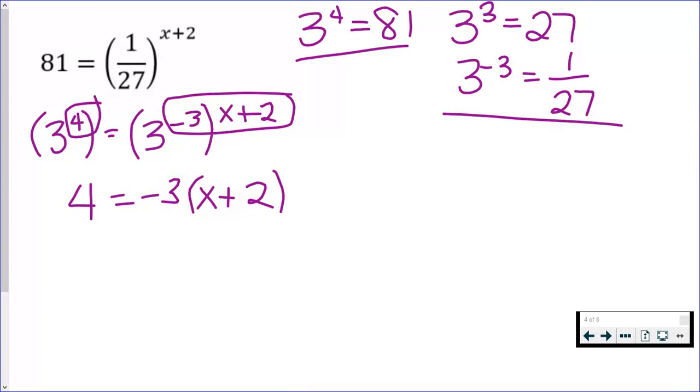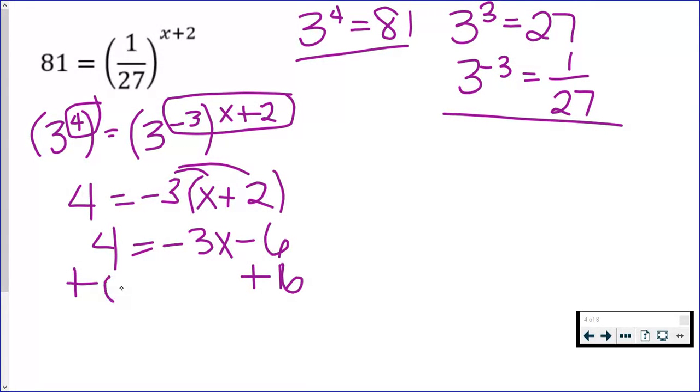Remember, you have to multiply exponents. If you have multiples, you always multiply them together. So distribute, move the 6 over, and then divide by -3.